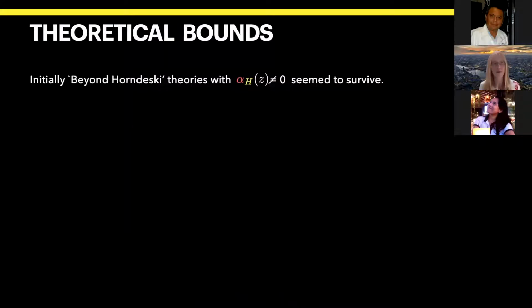The second big thing that happened came from a very different direction. So not from data, but from theory. So you remember when I introduced you to the 5 Horndeski alphas, and the last one I said was called the beyond Horndeski parameter, alpha H, and it told you about this kind of extended family of theories. Okay, and initially following GW 170817, everything was fine, those theories were still in the game.